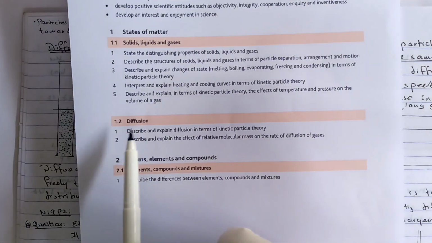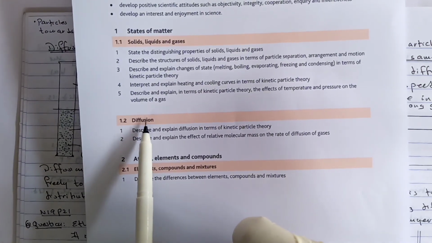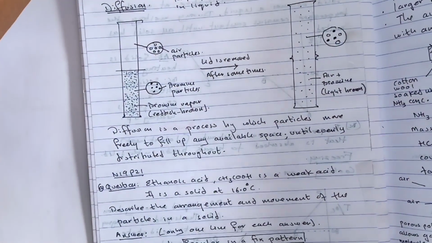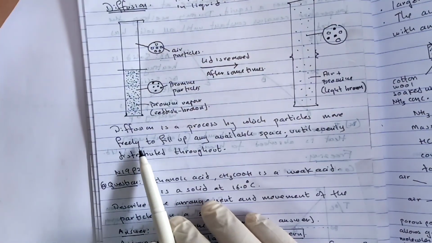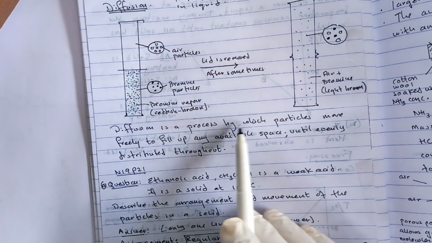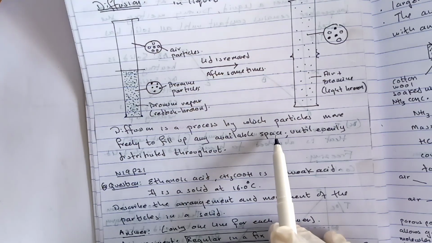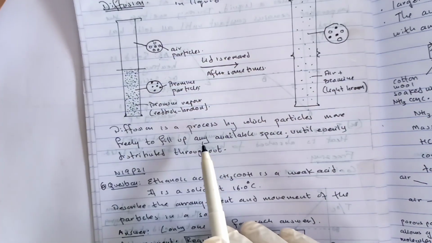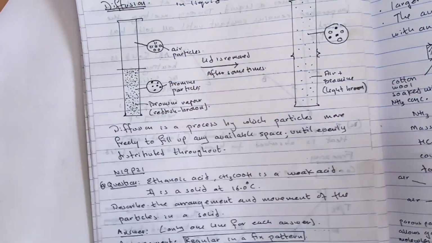First of all, let us find out the likely definition for diffusion. Diffusion is a process by which particles move freely to fill up any available space until evenly distributed throughout. This is a definition from one book prescribed for you.